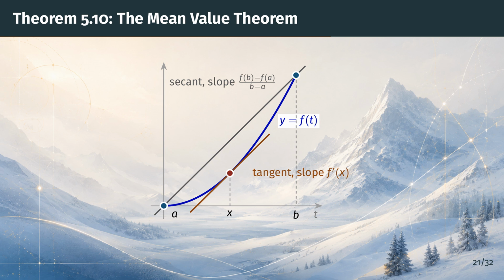The orange line is tangent to the curve at the interior point x, marked in red, and it is parallel to the gray secant. Its slope, the derivative at x, equals the secant slope. The theorem promises that such a point x always exists, though it does not tell us where it is or whether it is unique. The proof is now a one-liner.